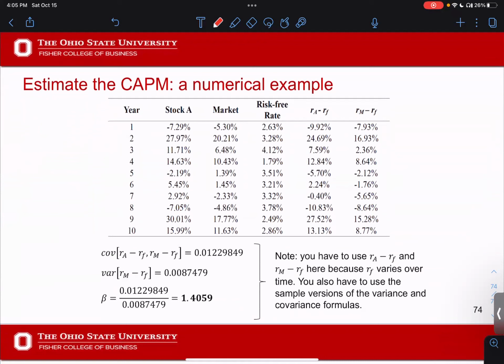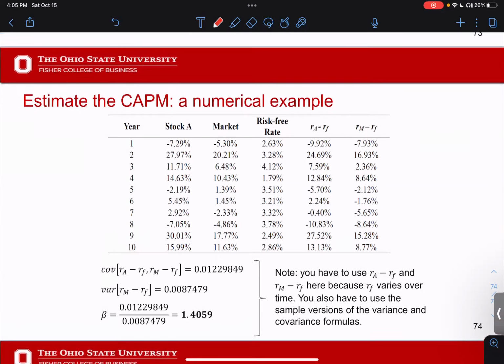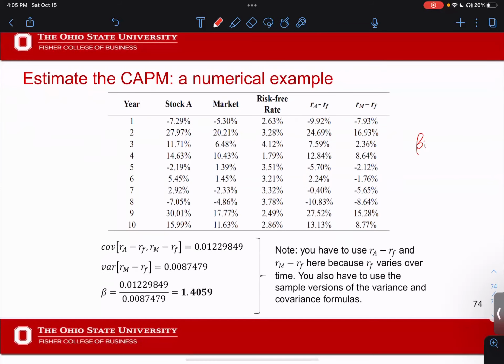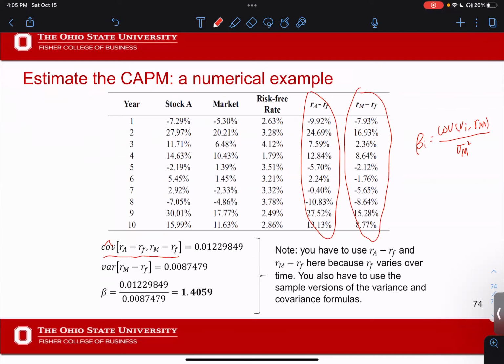And you can also do that rather than run regression. You can also do that using what we learned about the formula on beta. So just a recap, beta i equals the covariance between Ri and R market divided by sigma market squared, the variance of market. This variance is the estimation actually. So in Excel, you can calculate the estimate of covariance between the last two columns, and you get this number.